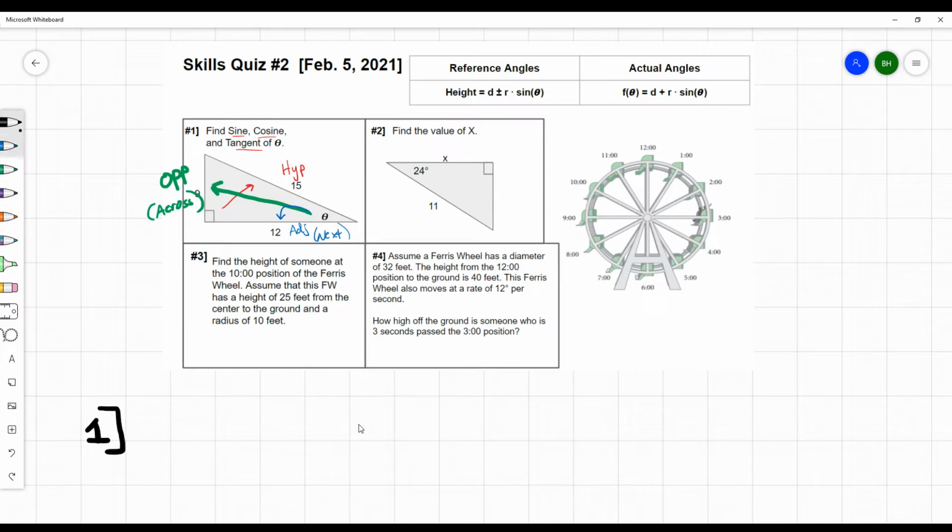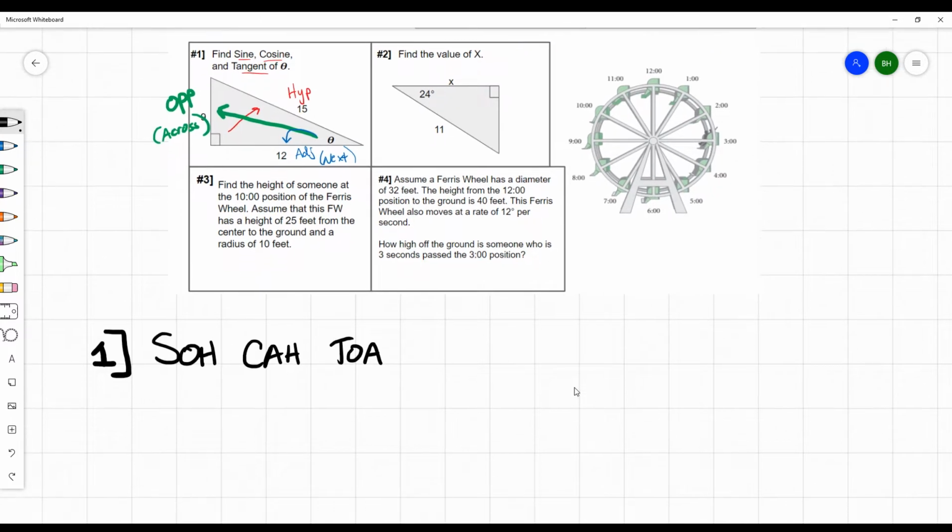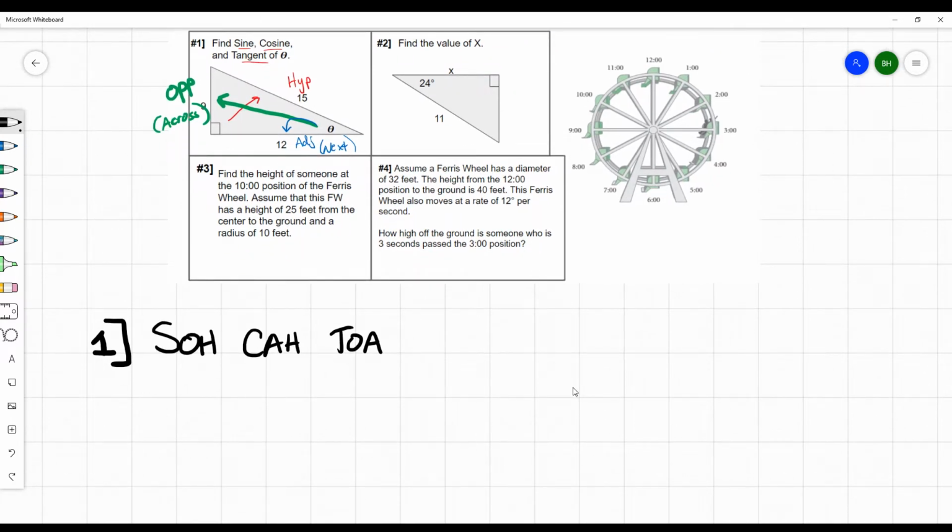For number one, I have SOHCAHTOA, which is a clever rhyme for us to remember, but it's effectively useless if we have no idea what it stands for. The SO piece: sine of theta is equal to the ratio of the opposite and the hypotenuse sides.